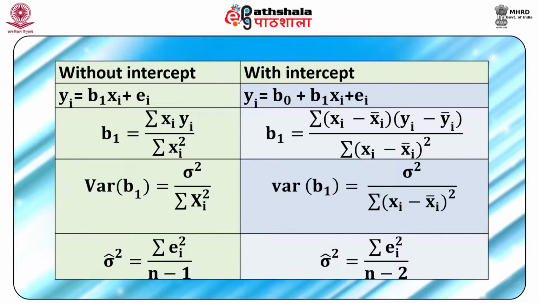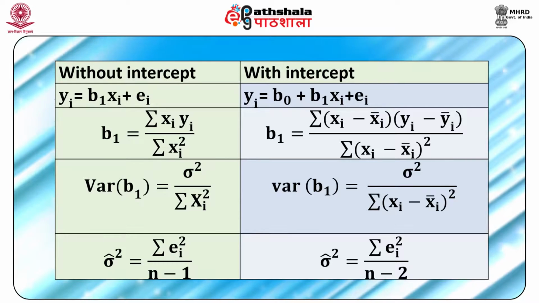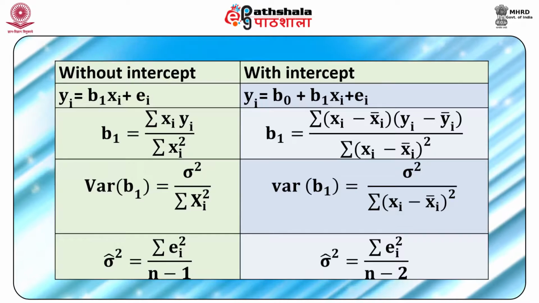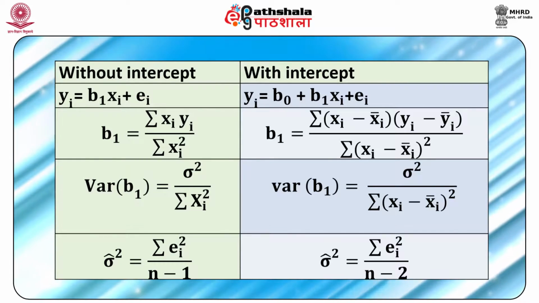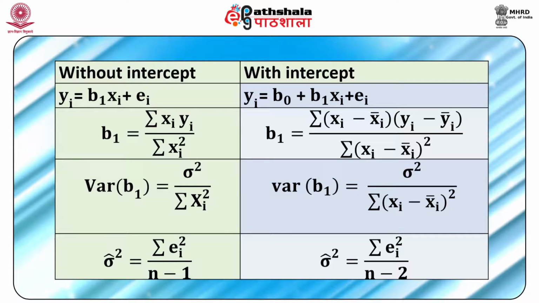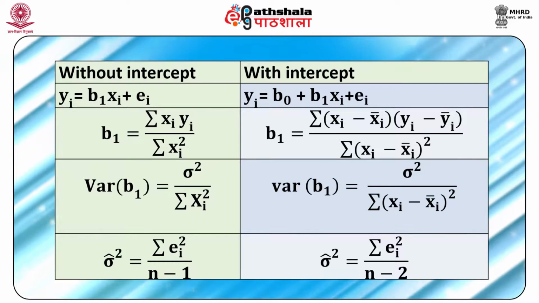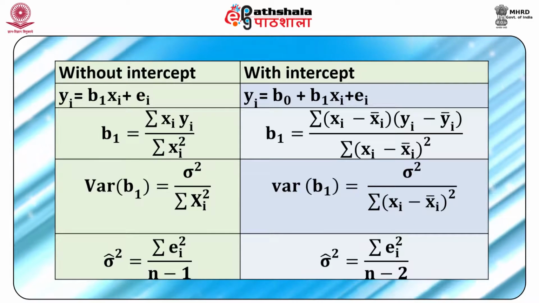Without the intercept, our model is Yi = b1 Xi + ei. With the intercept, it is Yi = b0 + b1 Xi + ei. The estimator b1 in the without-intercept model is sigma Xi Yi upon sigma Xi square.